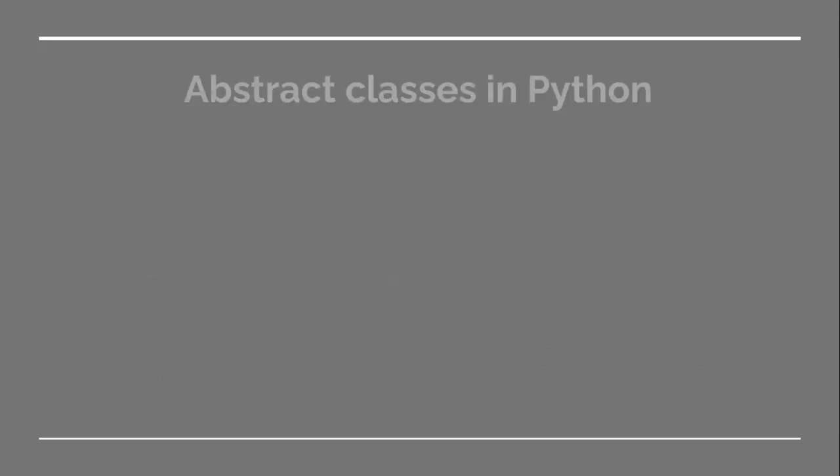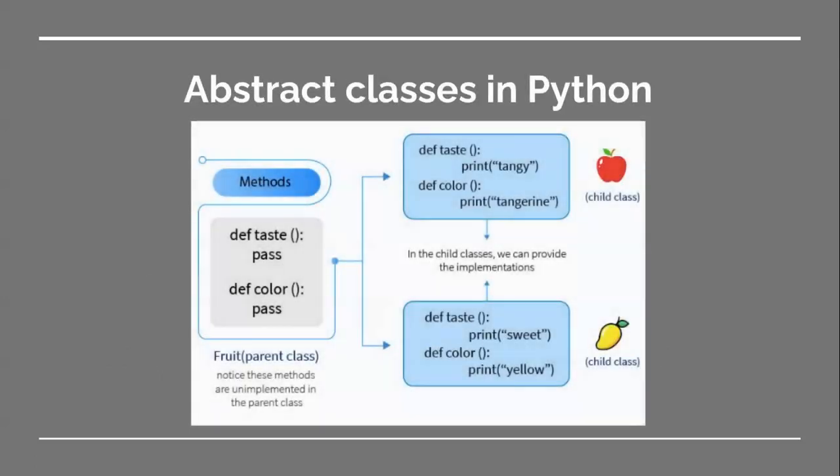Let's take an example to understand abstract classes. Consider an example where we create an abstract class Fruit. We derive two classes, Mango and Orange, from the Fruit class that implement the methods defined in this class.